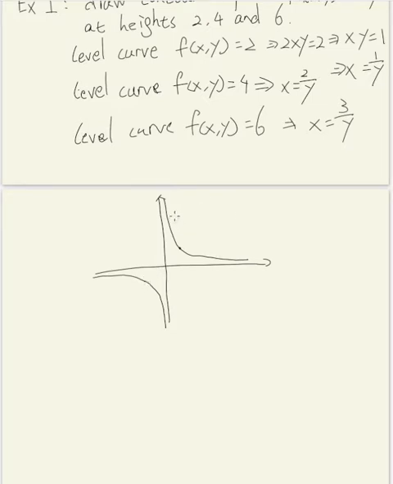And then for x equals 2 over y, it's again a hyperbola, but it's slightly further away from the origin, like this. And if x equals 3 over y, it's even further away.